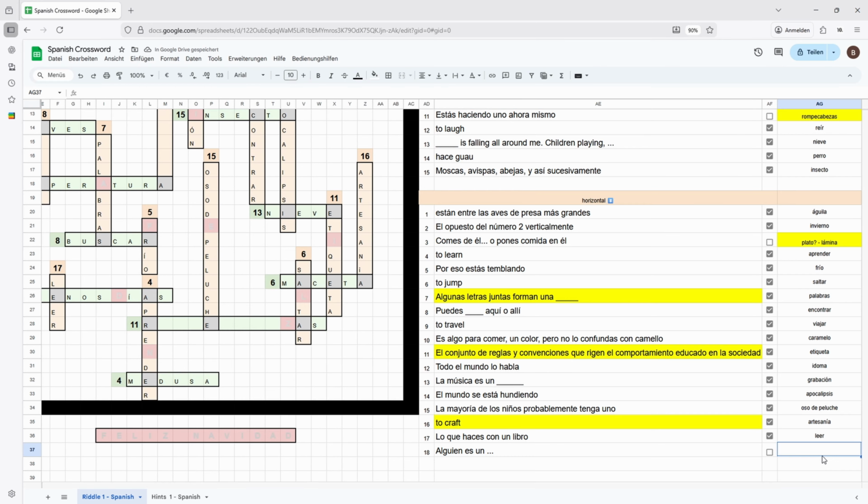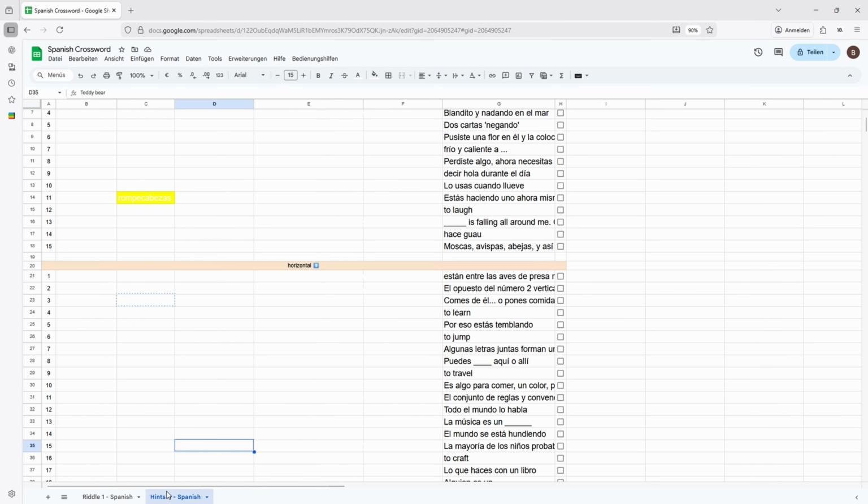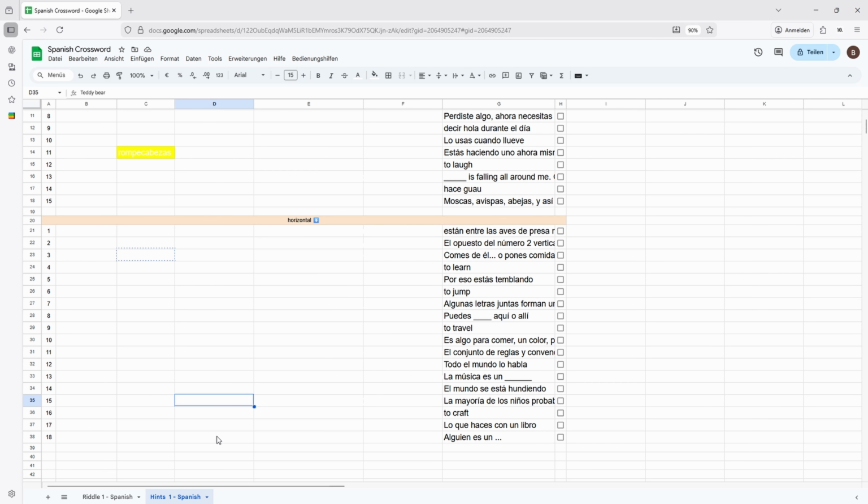Algune es un. That's also one. We're giving us a hint. 18. Somebody is an enigma.